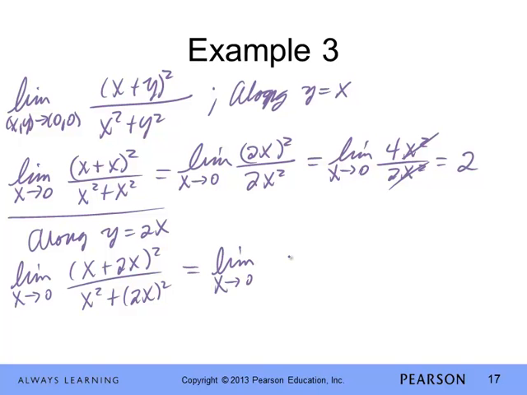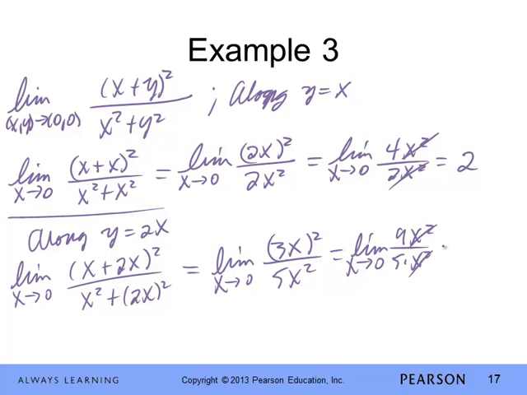Then the numerator we got 3x squared over x squared plus 4x squared, which is 5x squared. Now this is looking interesting because we have 9 times x squared over 5 times x squared. The x squareds cancel, leaving you with 9/5. Well, this gives us a different limit. We still approach 0, we still approach the origin, didn't we? But along 2 different lines.